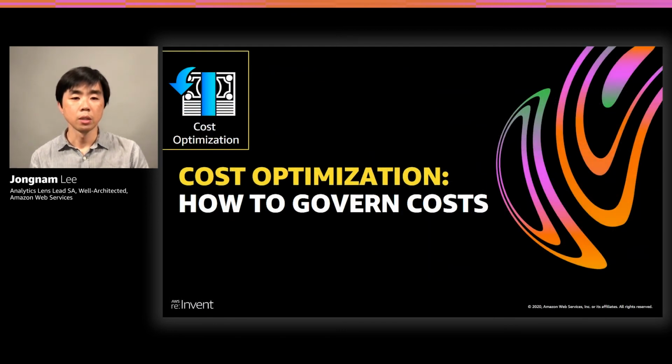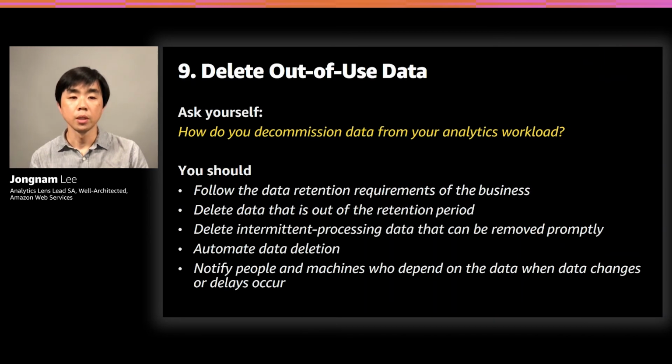Next pillar is cost optimization, how to govern the cost. So please delete out of use data. Follow your business requirement. What is the data retention in the first place? Certain regulations may require us to delete the data after 10 years or 5 years. So you need to understand that first.